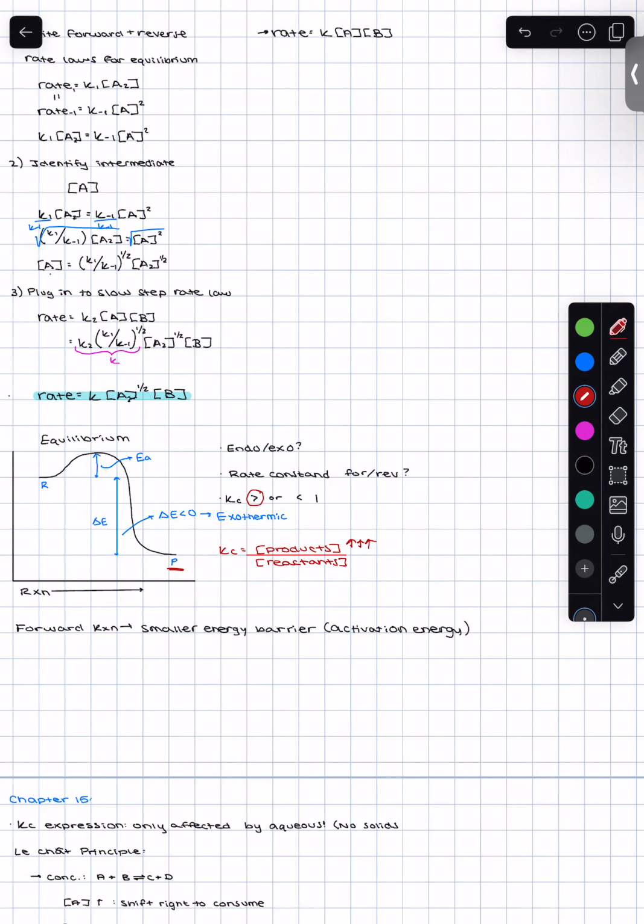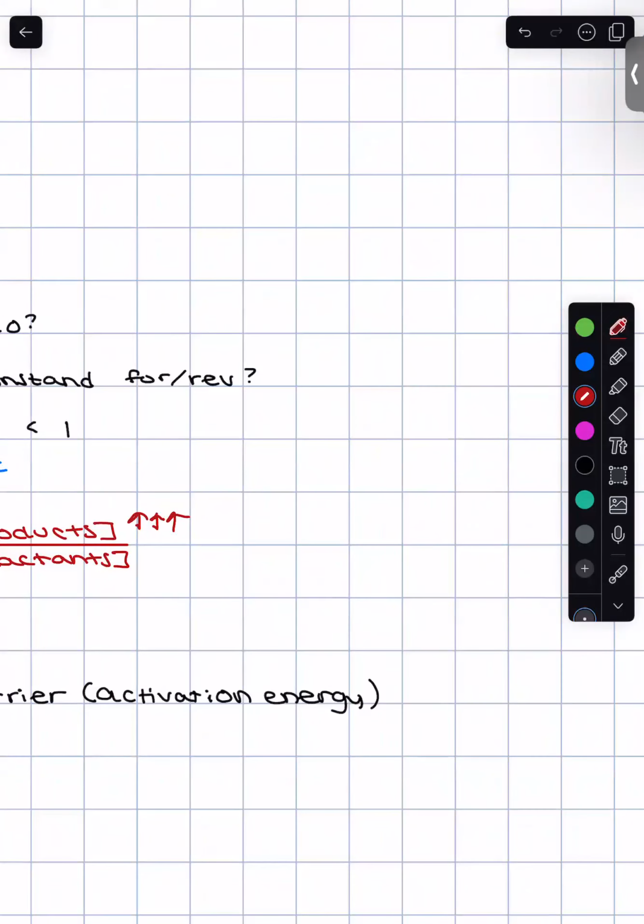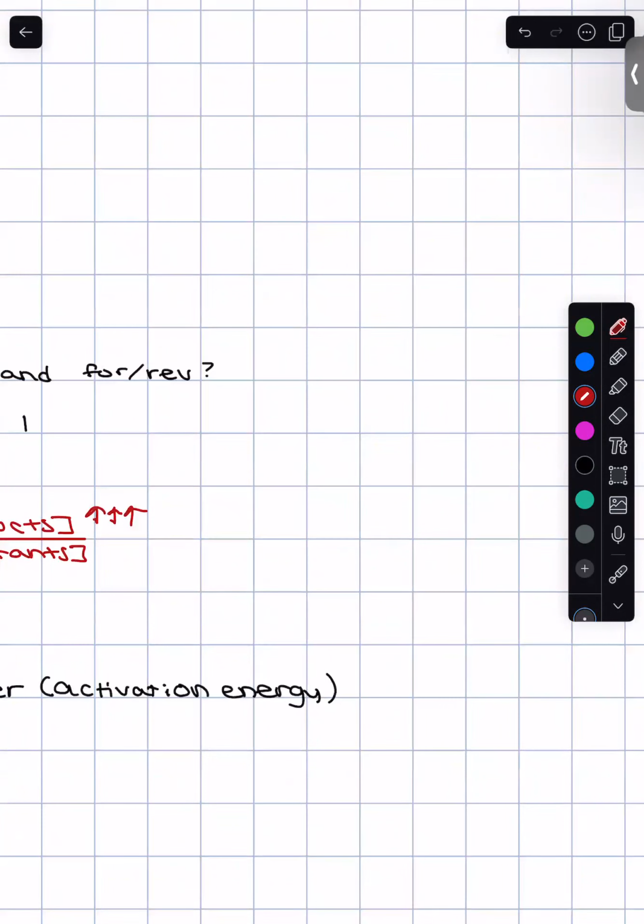Okay. And then for our rate constant, essentially the rate constant is going to be proportional to your activation energy, or it's going to be inversely proportional.